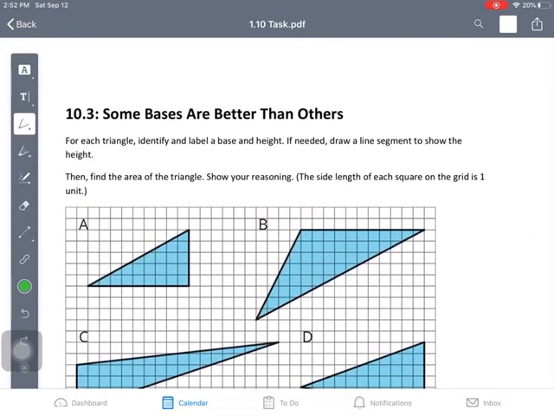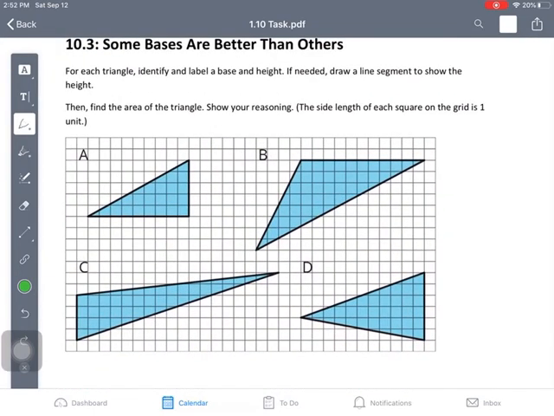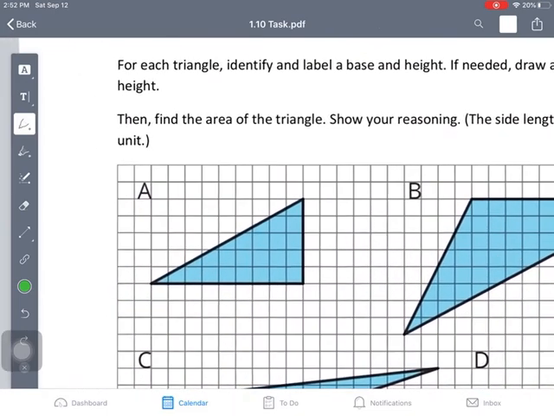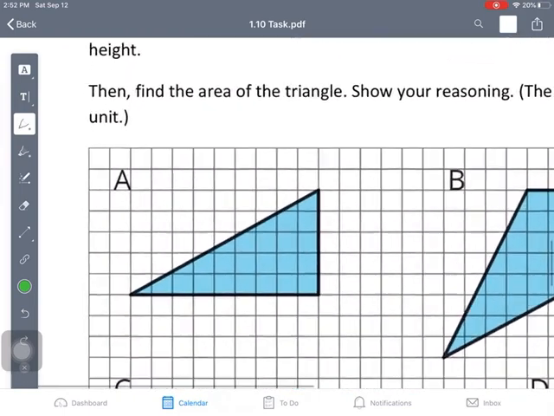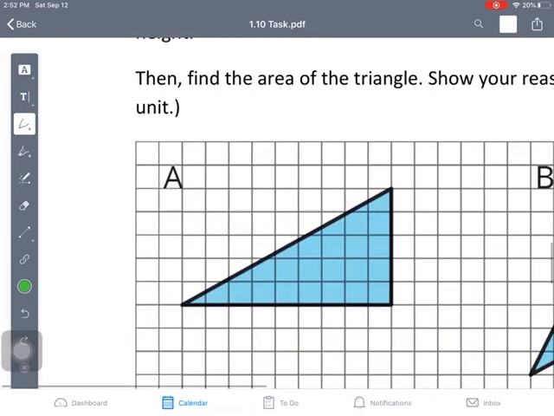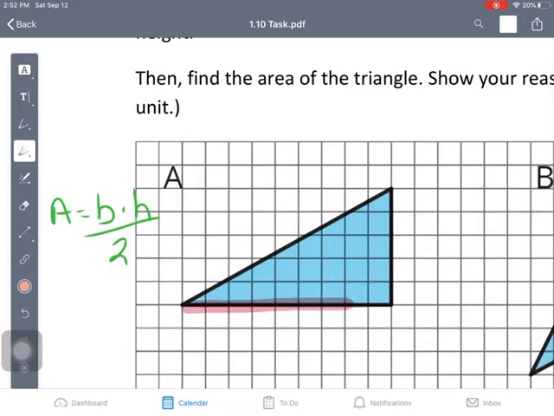And then at the bottom, just doing some simple math. We're just trying to find the base and height of these triangles, and then finding the area using our base and height. So we'll just do an example for A, where we remember the formula. So I'm going to write it out one more time. Area equals base times height divided by 2. The base with this one is the one that's at the bottom. So that's my base.